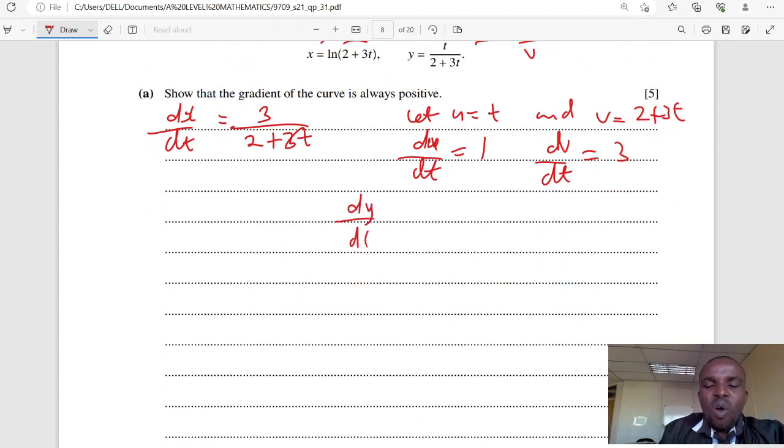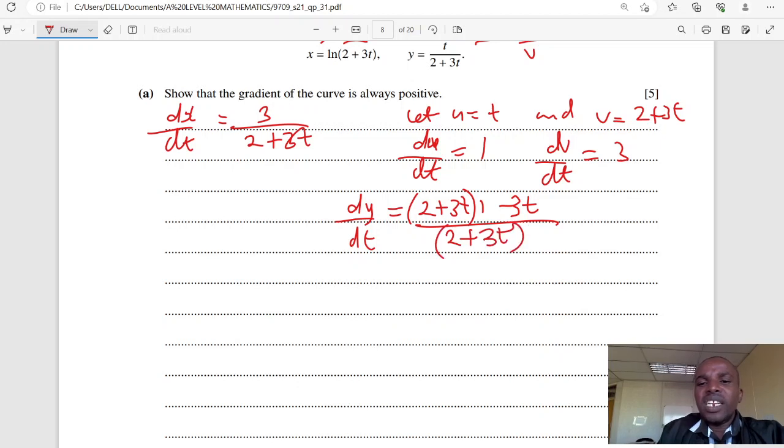So my dy over dt is v, which is 2 plus 3t, times du over dt, which is 1, then minus u, which is t, times dv over dt, which is 3, over v squared, which is 2 plus 3t, squared.